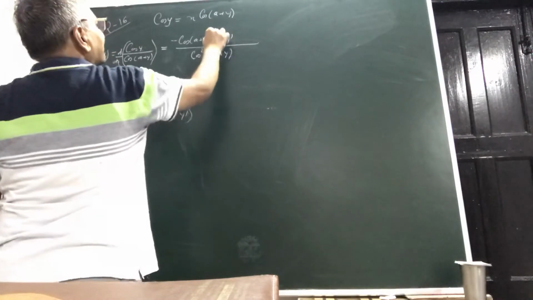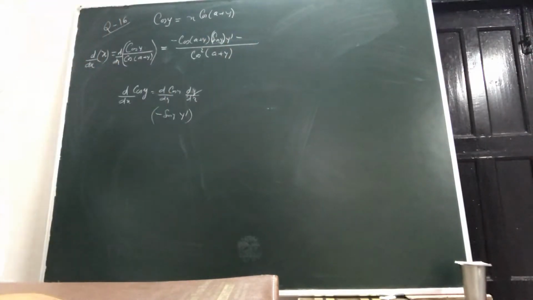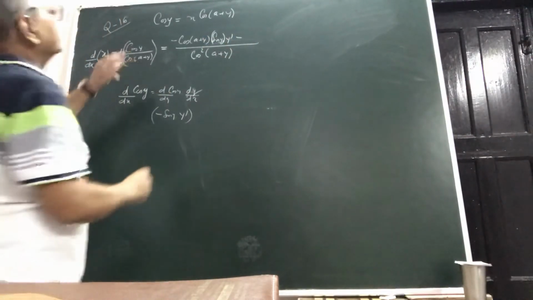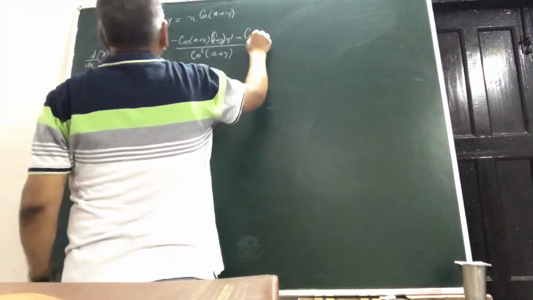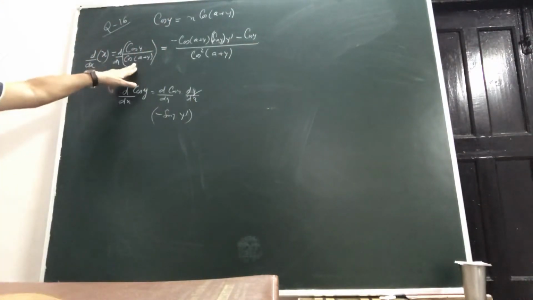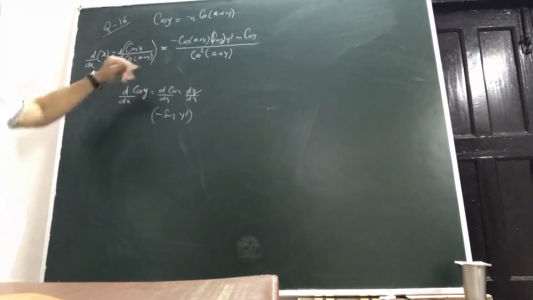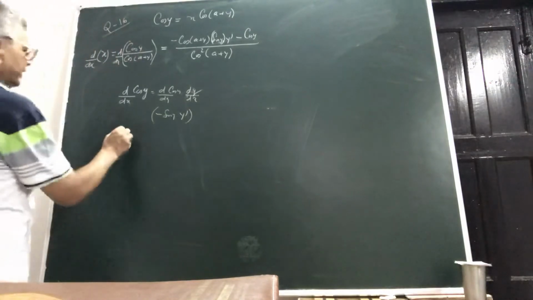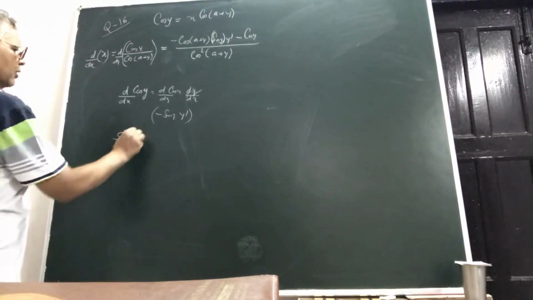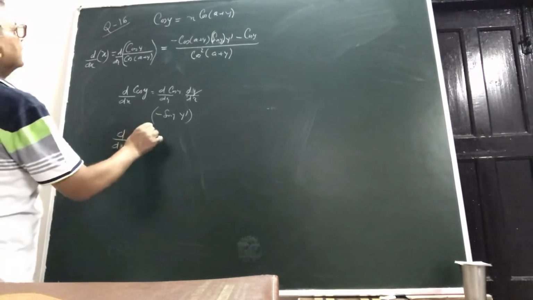Please see, write this thing, minus numerator is your cos y, and derivative of denominator. So derivative of denominator again, see, d by dx of cos(a + y).